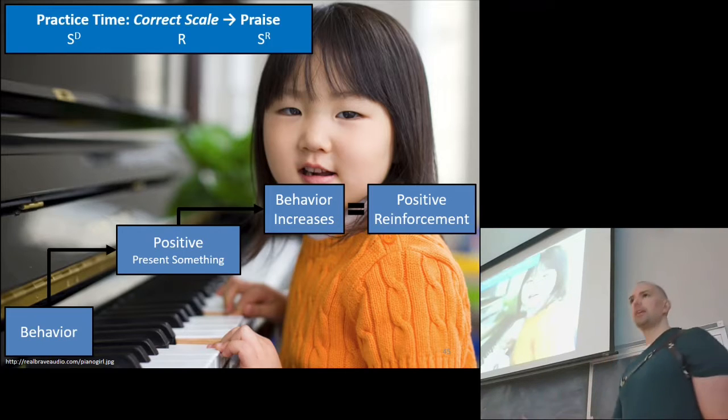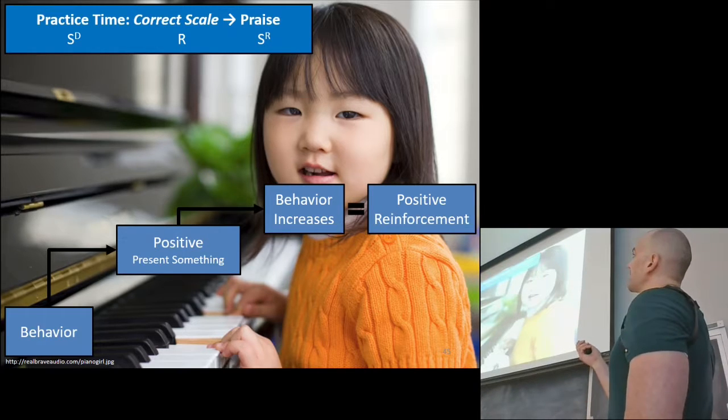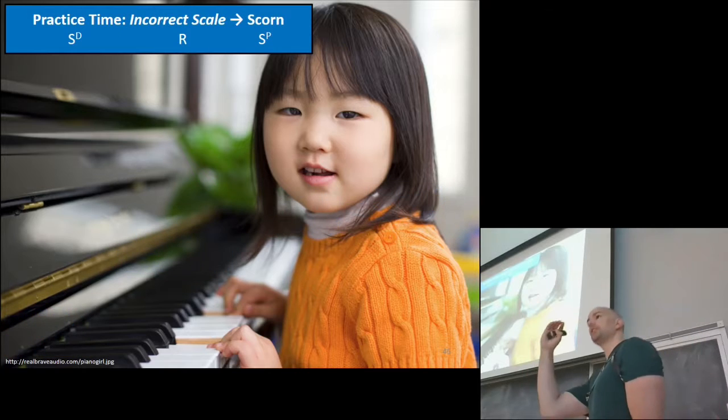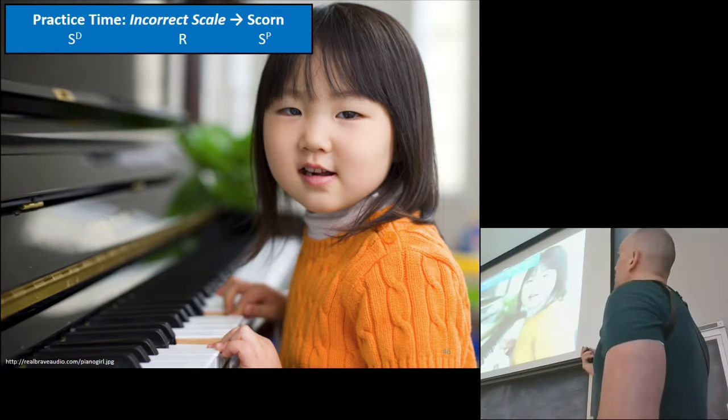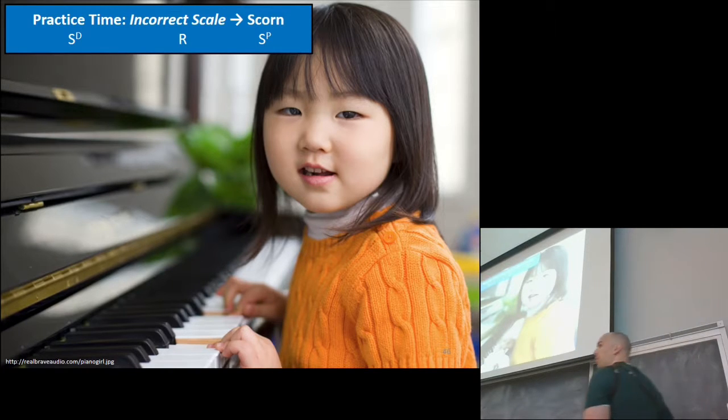Let's say that another contingency in effect during practice time is that she plays the incorrect scale. The incorrect scale is an operant behavior, one that the teacher is hopefully trying to reduce. Let's just say that this teacher, when she plays an incorrect scale, introduces scorn.